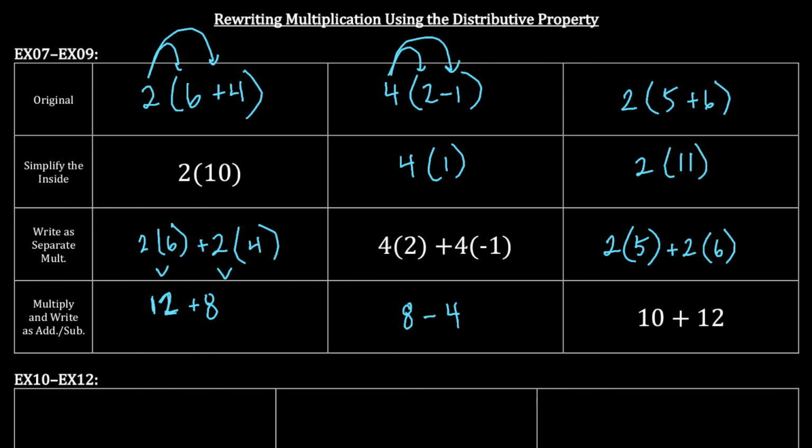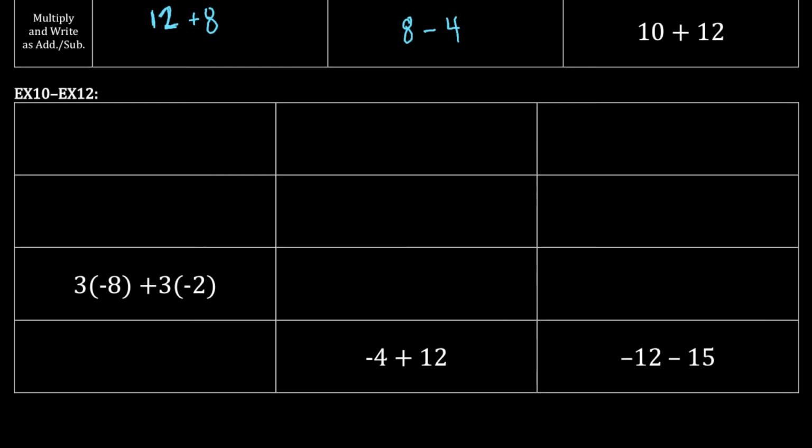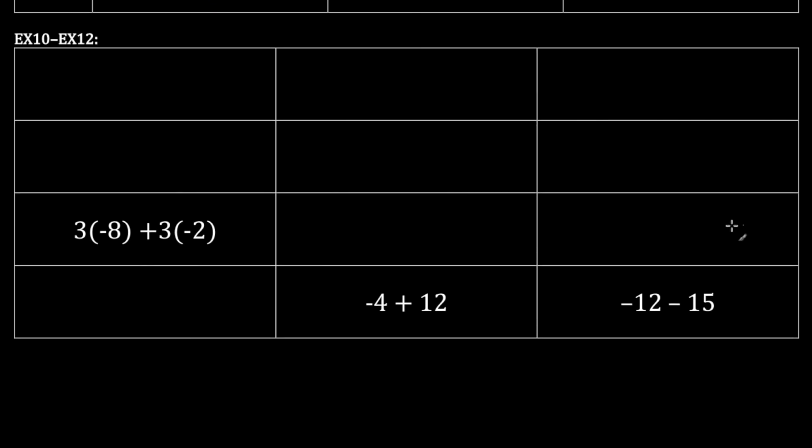Alright, so let's go ahead and do some with negatives. More negatives, I guess. So 3 times negative 8 plus 3 times negative 2. The easiest one's probably like right here, but we'll come back to it. So 3 times negative 8 and then minus 2, which I can rewrite as 3 times negative 8 minus 2 is negative 10.